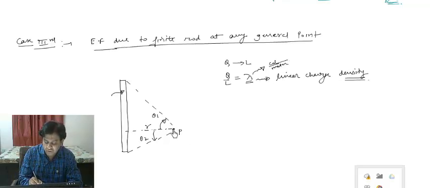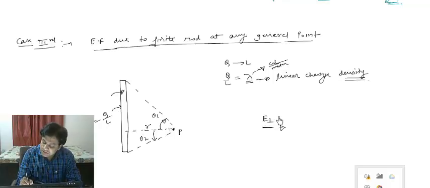So if I have to calculate the electric field at this point P due to this rod having some q charge, length L, and q by L can be treated to be equal to lambda as I told here, this point P may have electric field with two components. This electric field I'm calling E perpendicular. I'm calling it E perpendicular because it is perpendicular to the length of the rod, right?